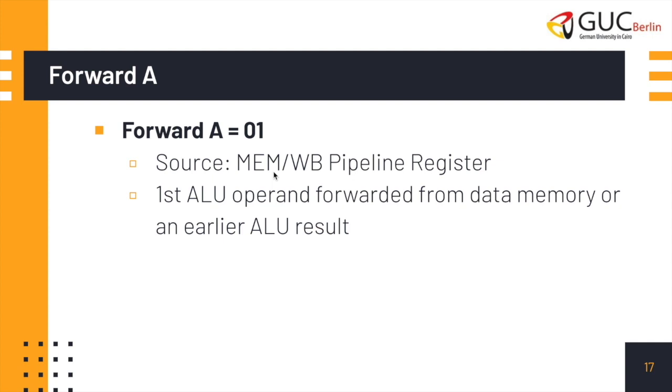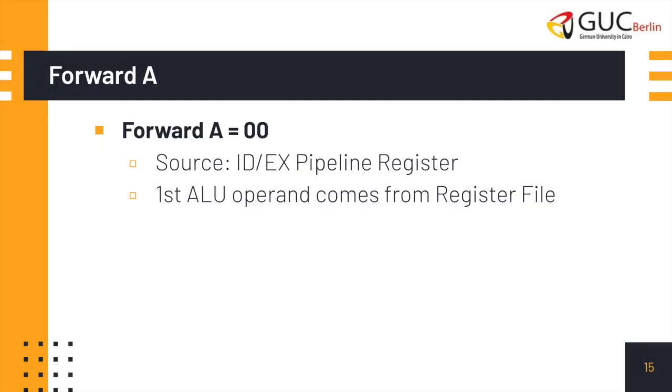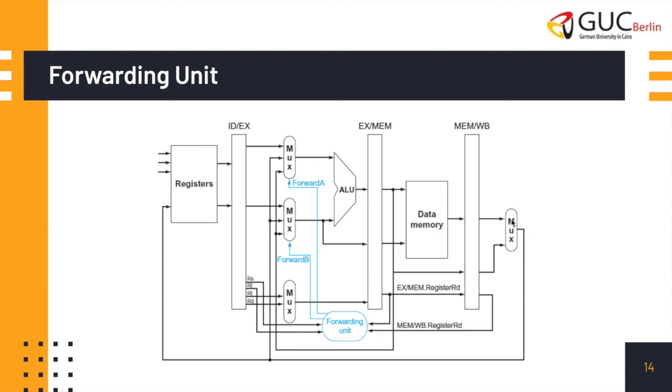I'm going to get the value of register RS from the mem/write back pipeline register: the first ALU operand forwarded from data memory or an earlier ALU result, depending on the last multiplexer, whether it passes the value from the data memory or the previous ALU result. So if I choose 0, 1 for forward A, the value of register RS, the first operand, will be retrieved from the mem/write back pipeline register.